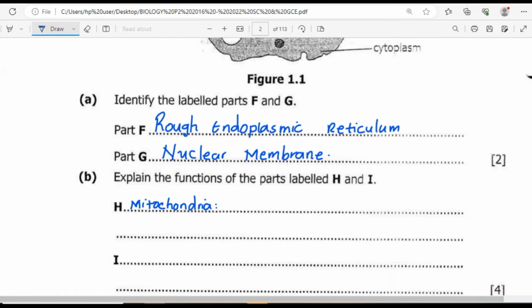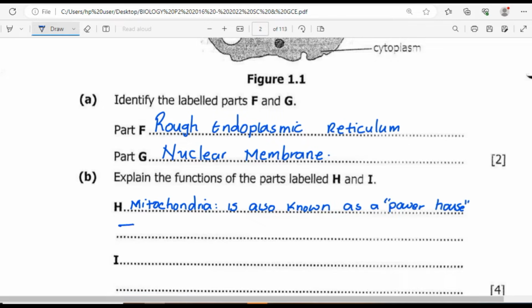Mitochondria is also known as a powerhouse. So that is the other name. In case you encounter a question of what is considered to be a powerhouse in a cell, that is mitochondria.